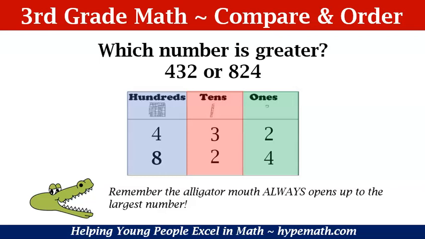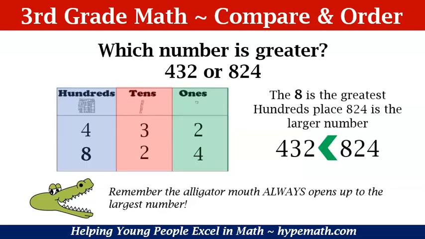We have a 4 and we have an 8. So we want to know which number is greater. Can you tell me which number is greater? If you said 824, you are absolutely correct. The 8 is the greatest number in the hundreds place, and look at our alligator mouth. It is getting ready to chomp that 8, okay?